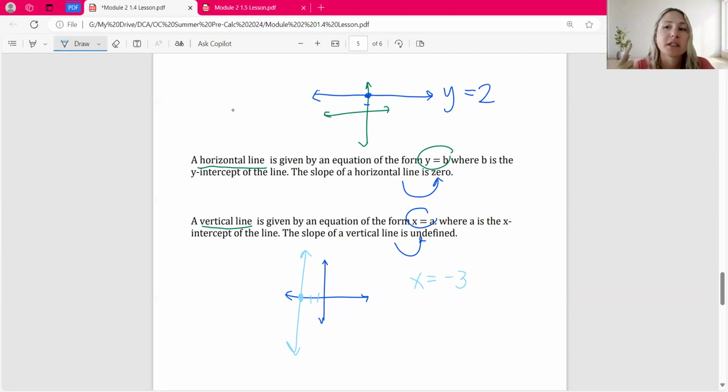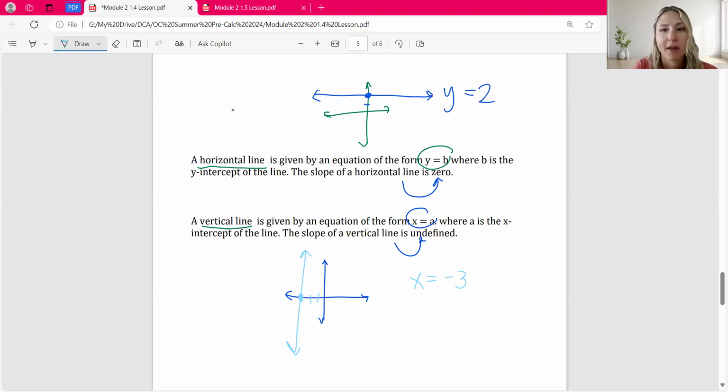And then thinking about its slope, think about how much you're going to rise. You can rise 100, you could rise 5, but you're running 0. And whenever 0 is in your denominator and you have a number in your numerator, you have an undefined fraction and undefined slope. So just a little review there of horizontal and vertical lines.